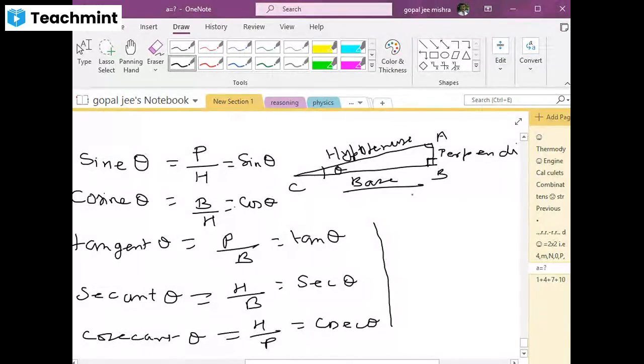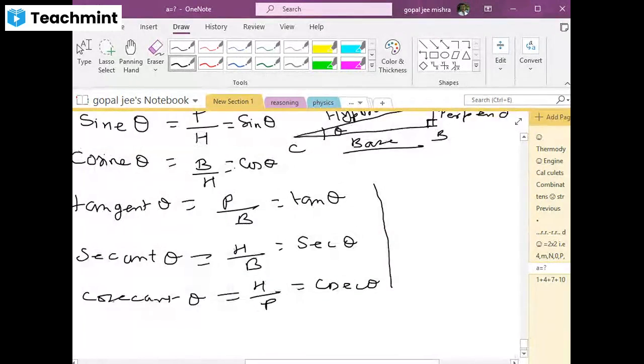What about the inverse of tan theta? Yes, beta. Perhaps I have not written that. I should mention here cotangent theta, that is the ratio of base upon perpendicular, and in short form it is written as cot theta.